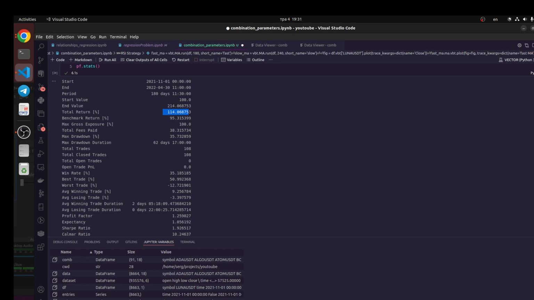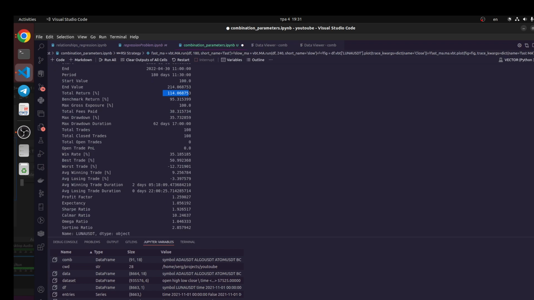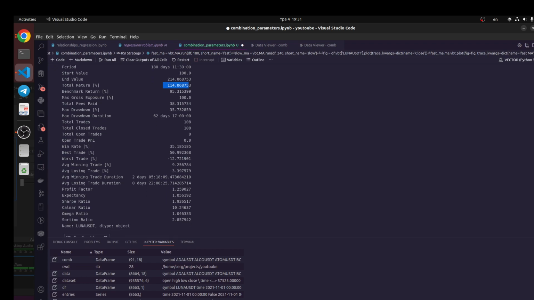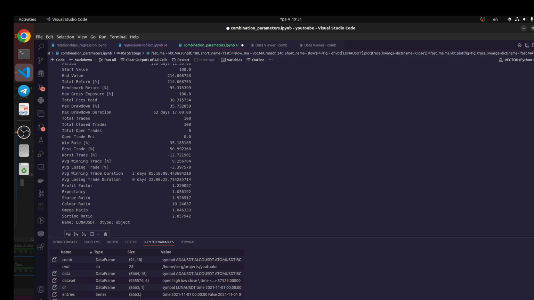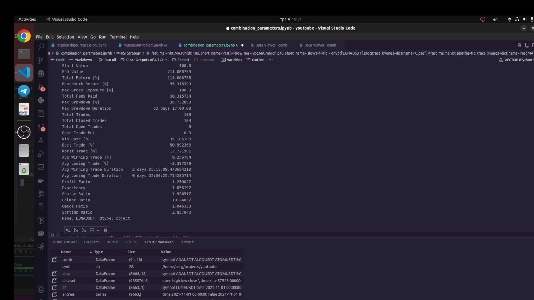So we beat the market. And let's look at where our commission, total fees, are. Also max drawdown is about 36%. And the max drawdown duration is about 62 days. Okay, so it's very long, but in general it's working.